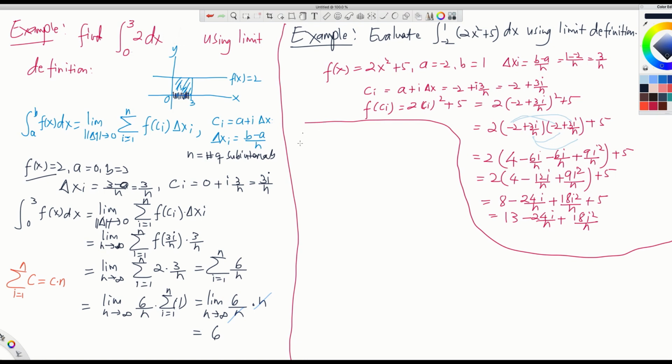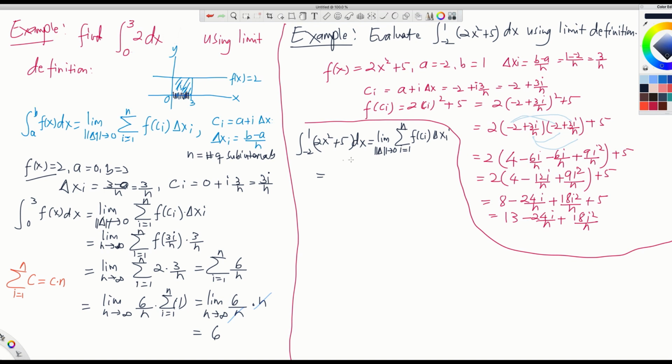The integral from negative 2 to 1 of 2x squared plus 5 dx is basically the definite integral, which equals the limit as the norm tends to 0 of the summation, i runs from 1 through n, of f of ci times delta xi. This is the formula, right?